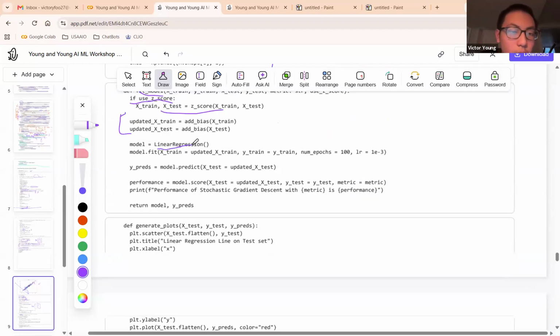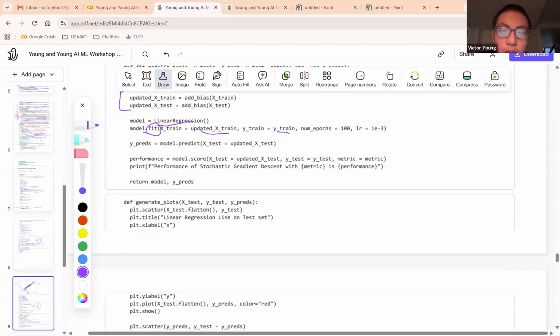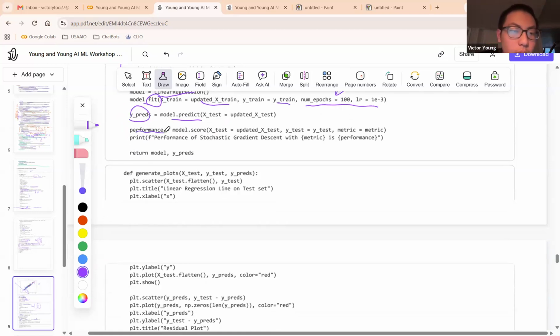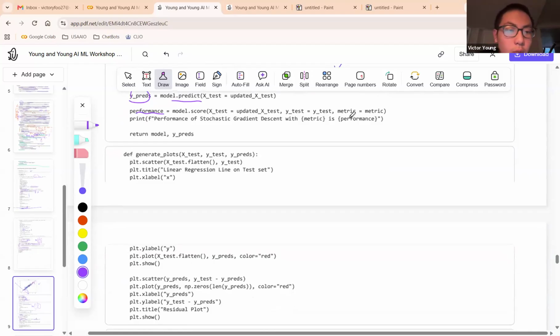And then here's our model. We fit it using the updated X train and the ground truth Y train with these specific parameters, these are hyperparameters. And then we predict, model.predict. Finally, we look at the performance and we return the performance.